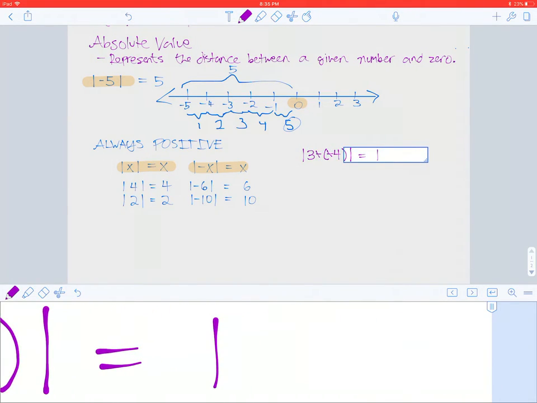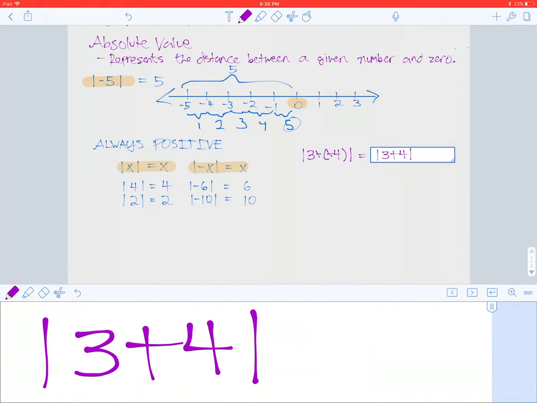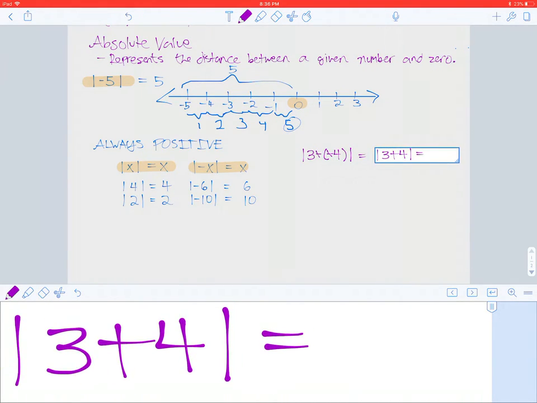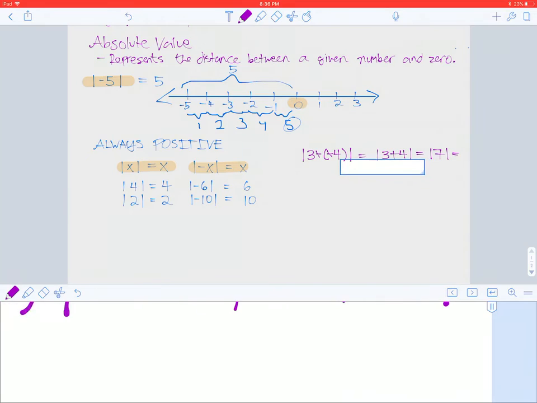So what you're left with is 3 plus 4, because these negatives cancel out and you just add 3 and 4 together. So the absolute value of 3 plus 4 equals the absolute value of 7. And from there, the absolute value of 7 is just 7, because the absolute value of a positive integer is the integer itself.